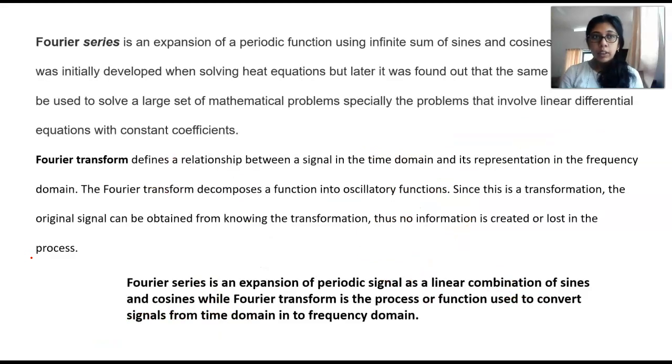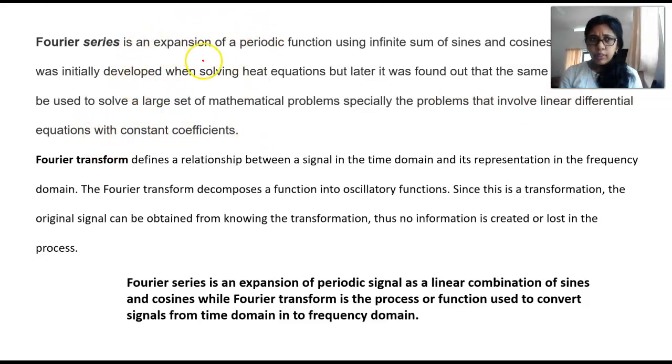So Fourier series is an expansion of a periodic function using an infinite sum of sines and cosines. Fourier series was initially developed when solving heat equations, but later it was found that the same technique can be used to solve a large set of mathematical problems, especially those that involve linear differential equations with constant coefficients.